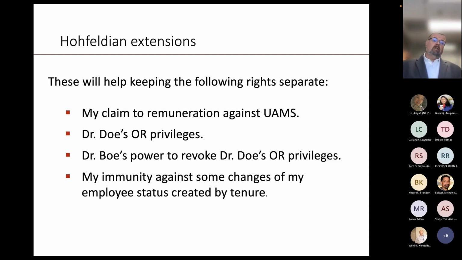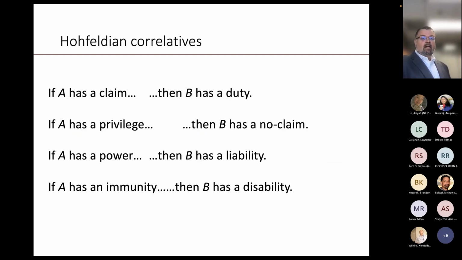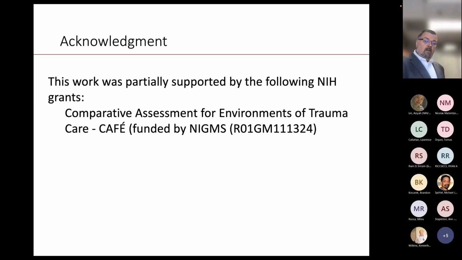Like, I mean, I'm immune to some changes based on tenure. So this showed us, a few years back, that we needed to extend the original way we represent rights and obligations. And we went back to look further into legal theory, and this is the outcome of it. Yeah, these are the legal theory specifics. I don't want to go over those necessarily.